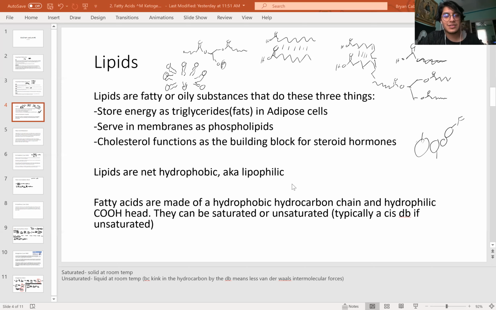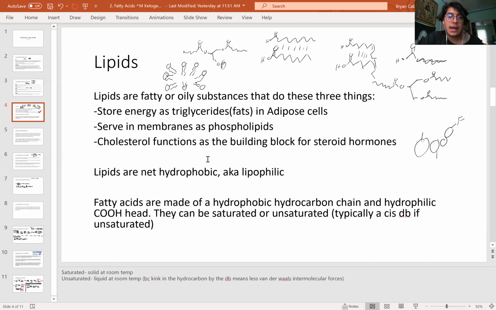Testosterone, I suck at spelling. The difference between these two is that this one doesn't have this long non-polar branch on the side. It just looks like this, right? So lipids act as the building blocks for these steroid hormones. Every steroid is just cholesterol, modified into something else.